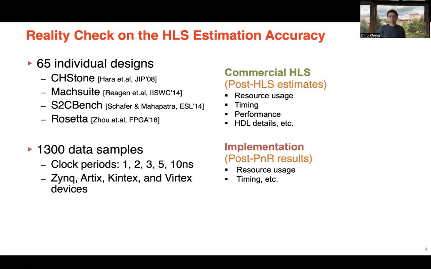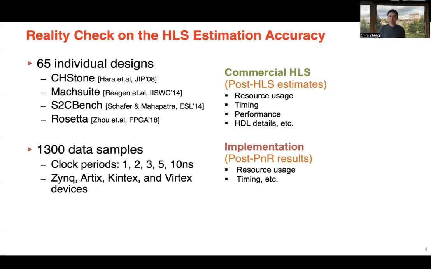We studied the gap between the HLS QoR estimates and the actual results after place and route. That's where we collected 60-plus individual designs from the popular HLS benchmark suites like CHStone, MachSuite, SPEC2C Bench, and Rosetta.